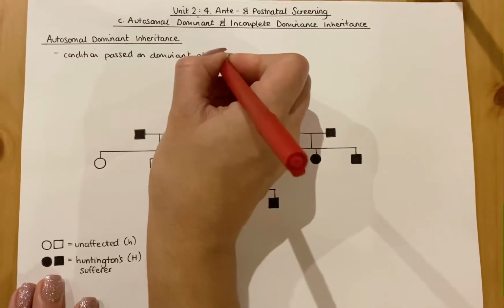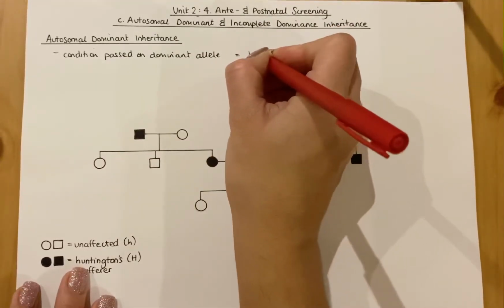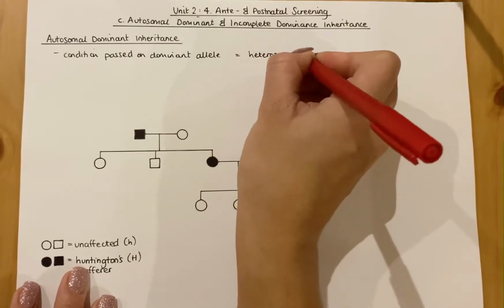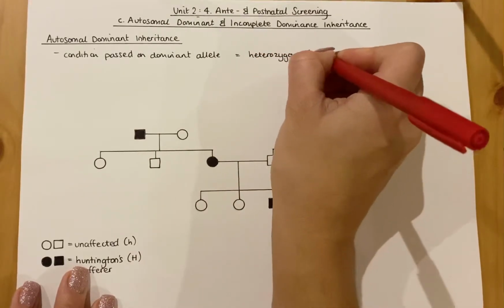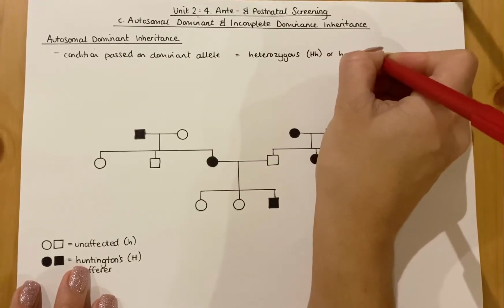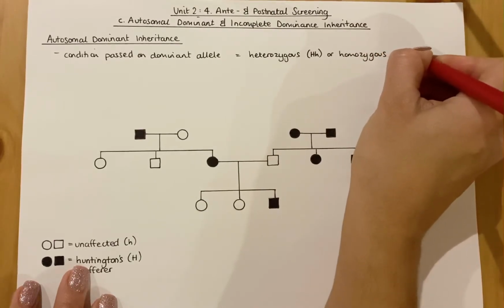So in this example then, if a person is affected, they could either be heterozygous, okay, and as an example I'll put capital H, small h, or they'd be homozygous dominant, and therefore have two capital alleles.